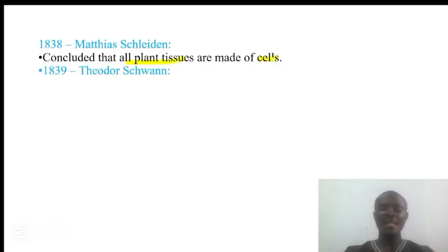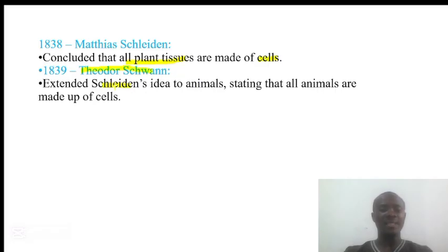A year later, in 1839, Theodor Schwann, a zoologist, extended this idea to animals, and he discovered that all animals are made up of cells as well.